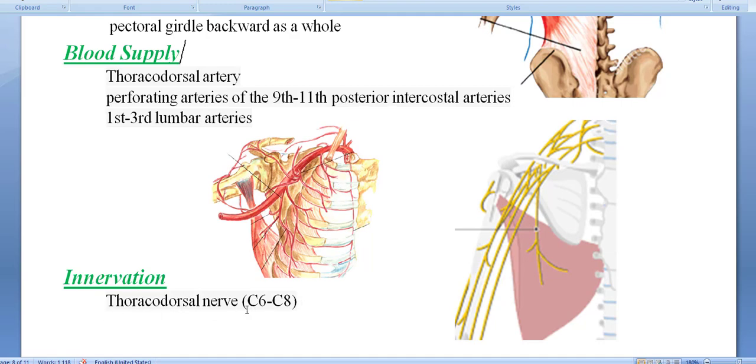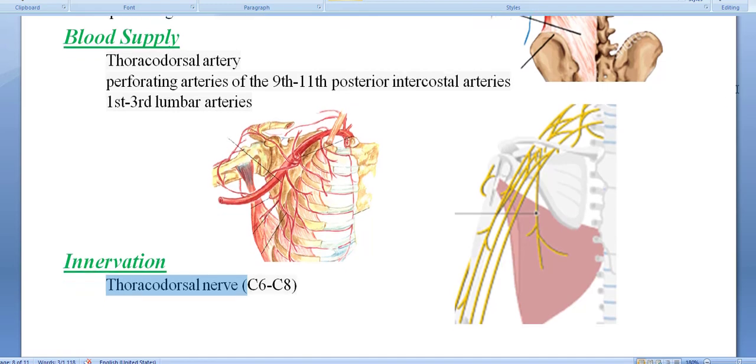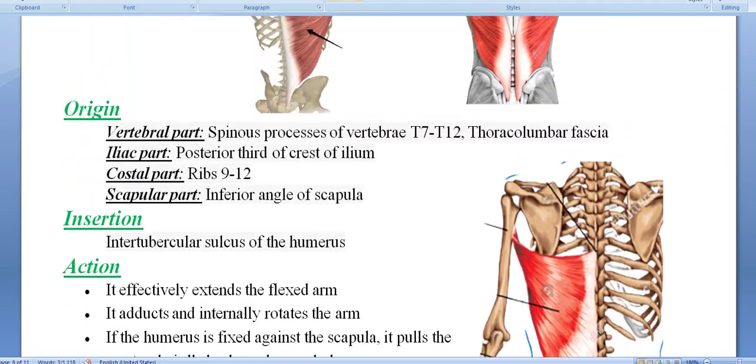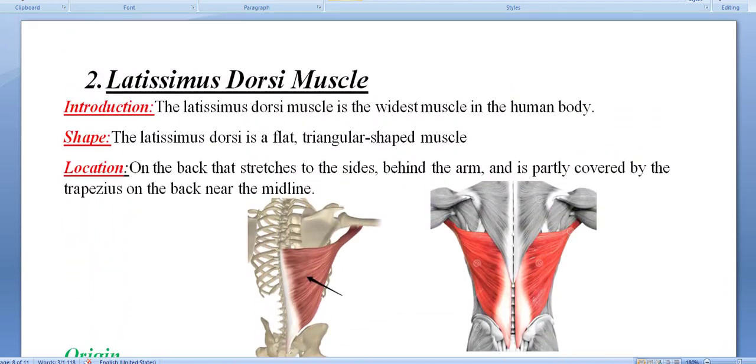It is innervated by the nerves which arise from C6, C7 and C8, which we call the thoracodorsal nerve. This one is the thoracodorsal nerve, and it innervates that muscle.